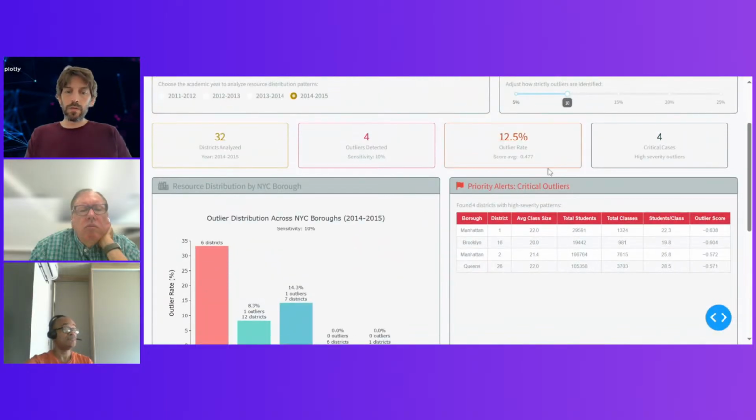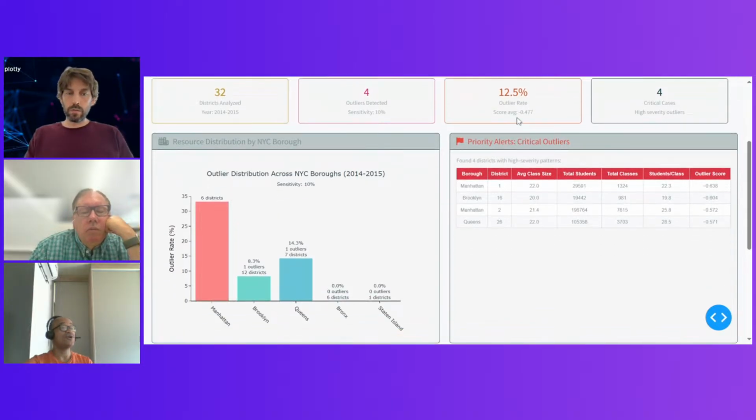Here we also have the percent of outliers based on the sensitivity selected. And this score is the anomaly score that the function calculates to classify which patterns are high or not.